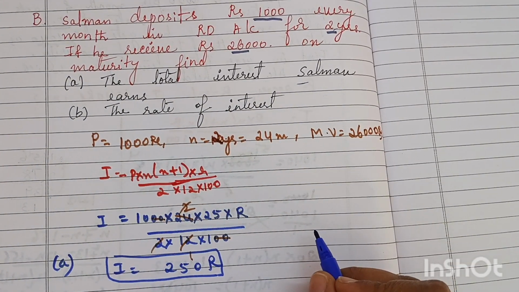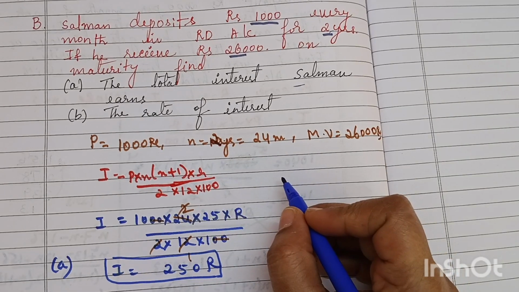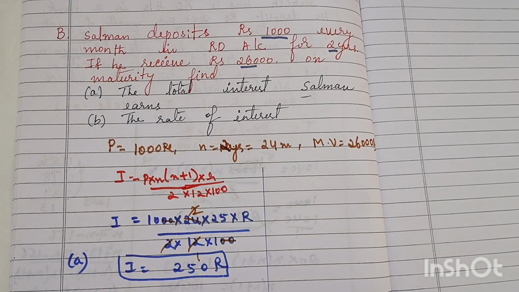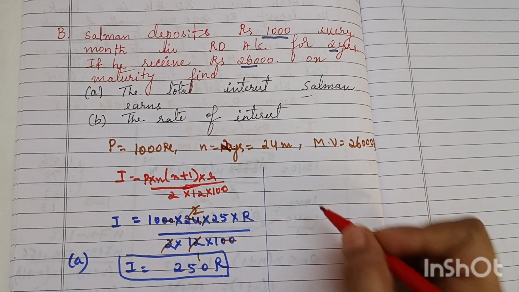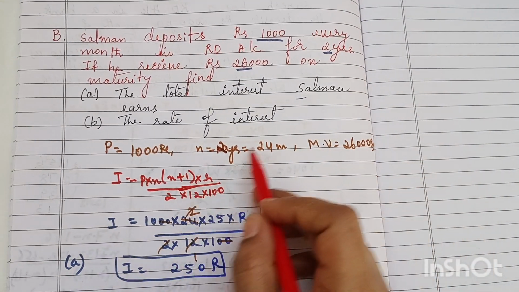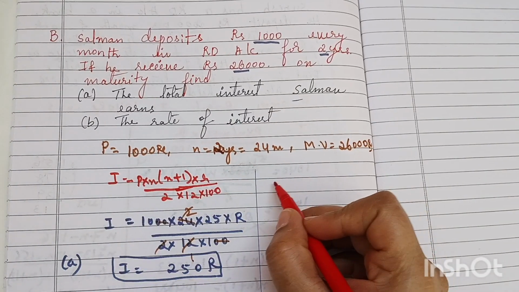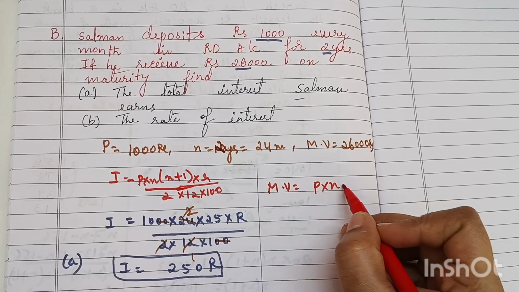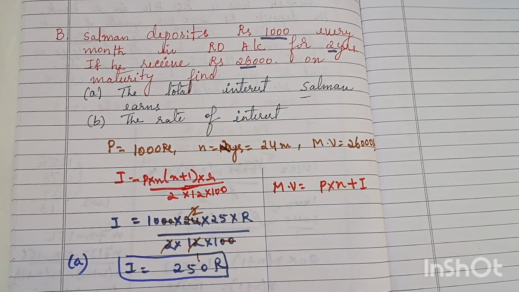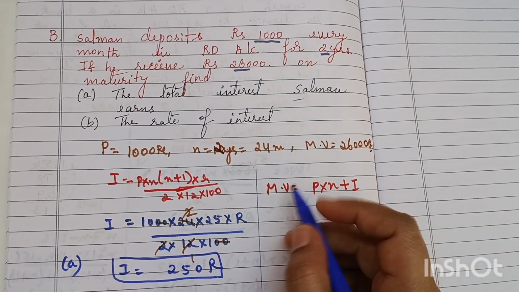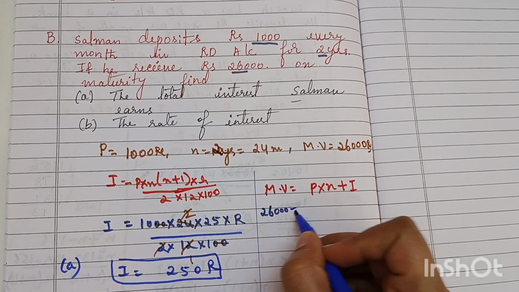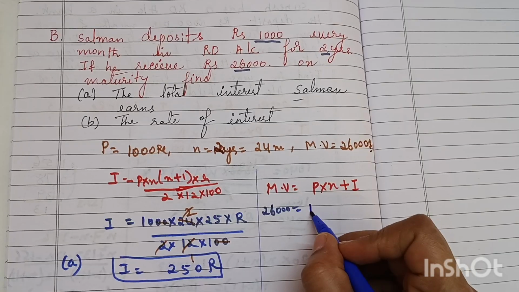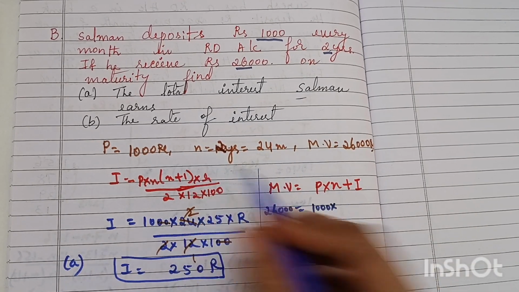So with the help of maturity we will find the rate of interest. Now we will take the maturity formula. Maturity value is equal to P into N plus I. So maturity amount is given, that is 26,000, equal to principal 1000 into number of months 24.